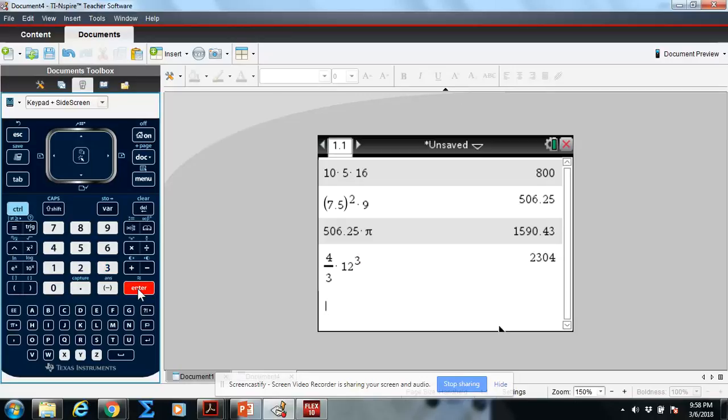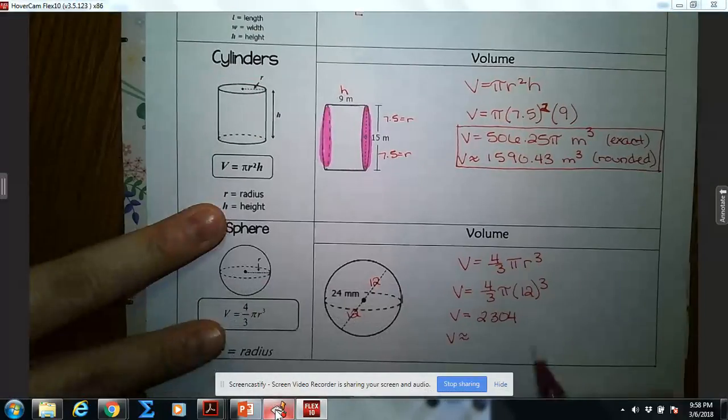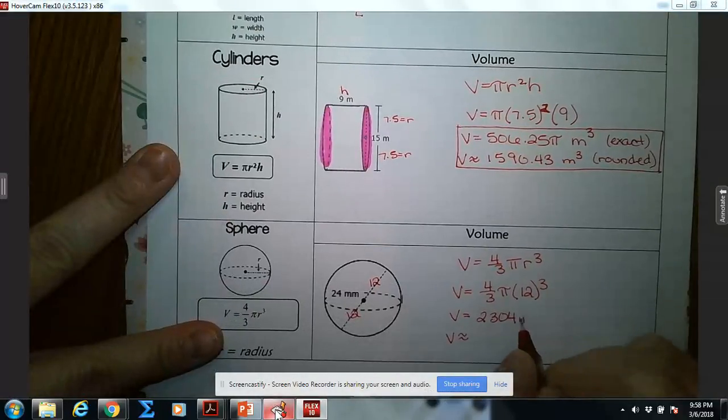That is 2,304 as our exact value. We have not used pi, so that's 2,304 pi millimeters cubed.